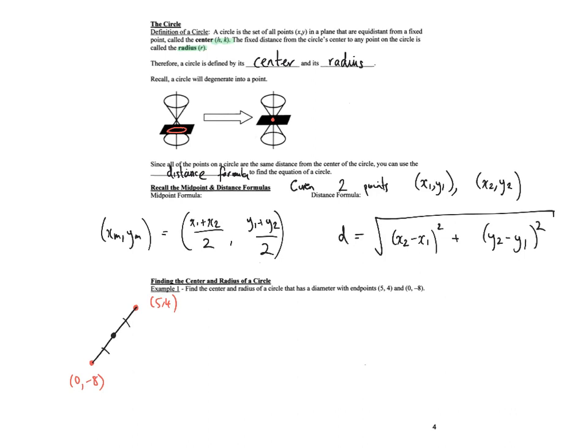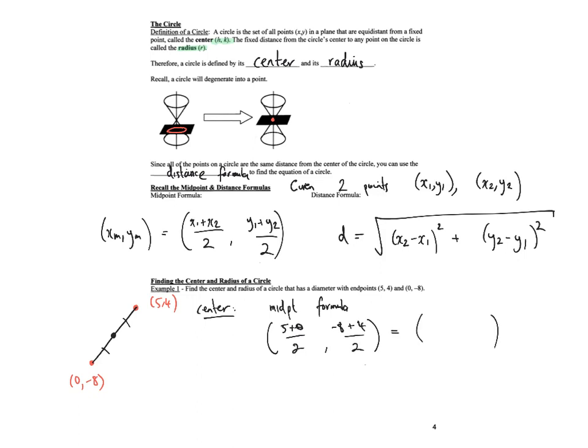So we can just use the midpoint formula to find the center. We take the average of the x-coordinates, so that's 5 plus 0 over 2, and the average of the y-coordinates, negative 8 plus 4 over 2.